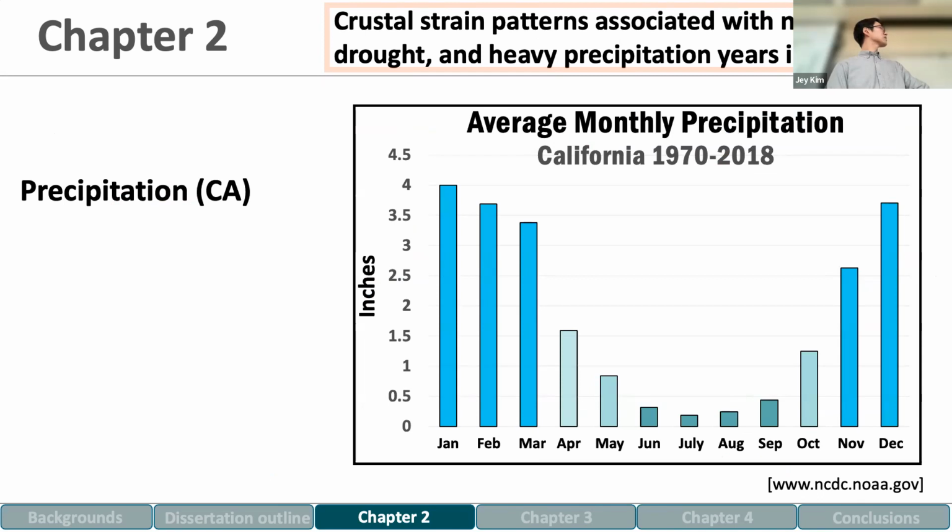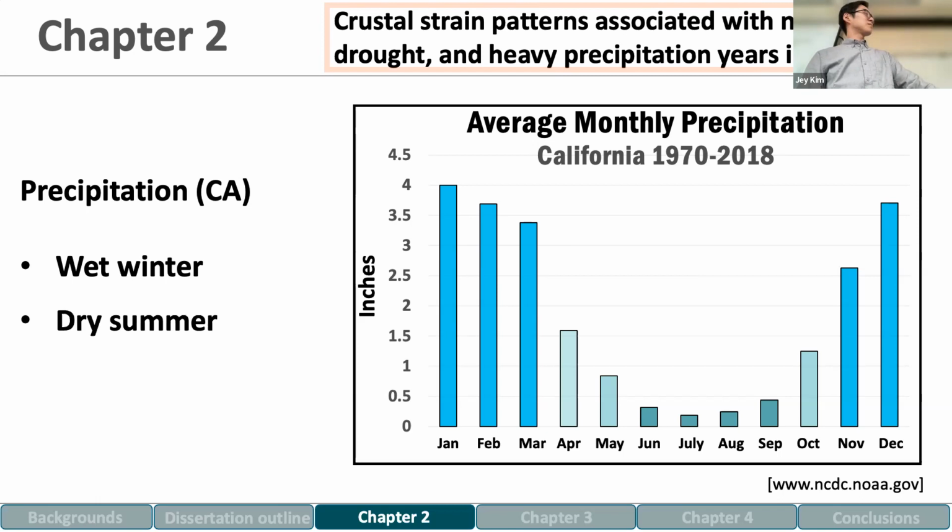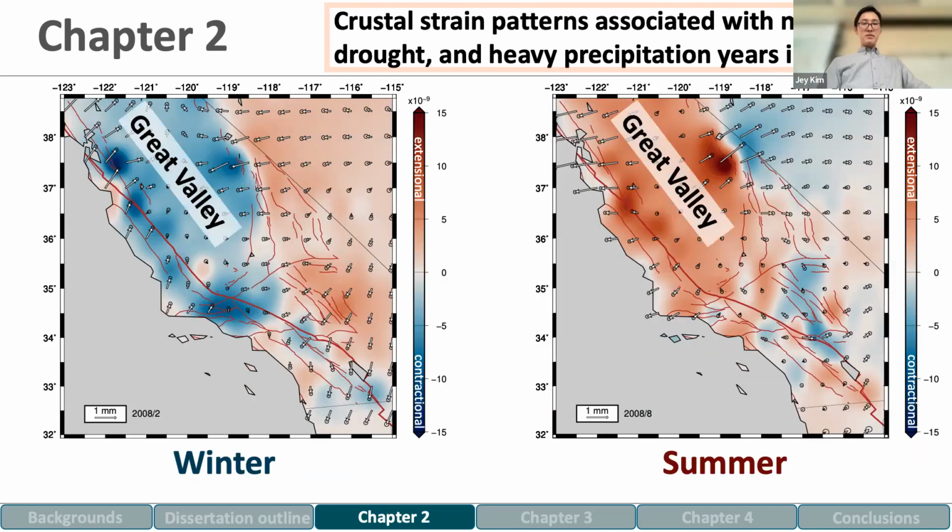So I focused on the patterns of precipitation in California. I plot precipitation amount along the y-axis as a function of month. And from this plot, you can tell California has wet winter and dry summer. So maybe this seasonal horizontal deformation can be explained by those seasonal variations in precipitation in California.